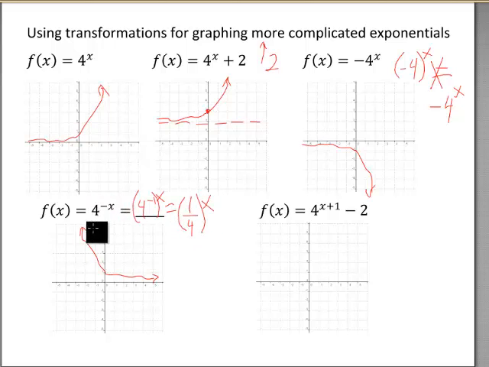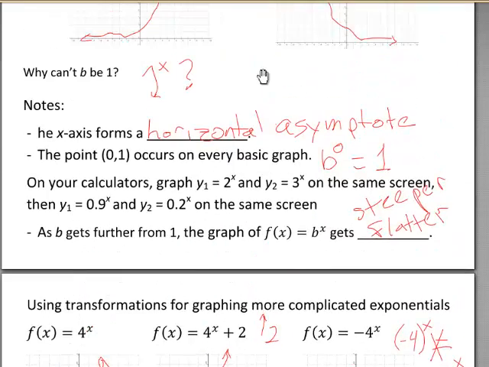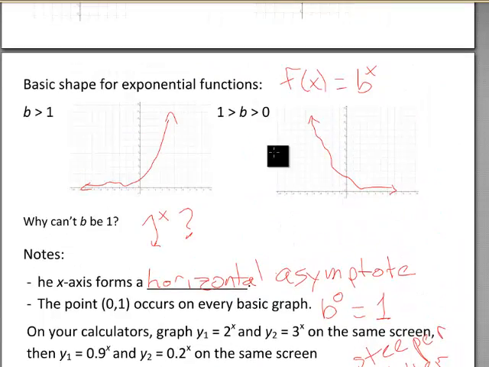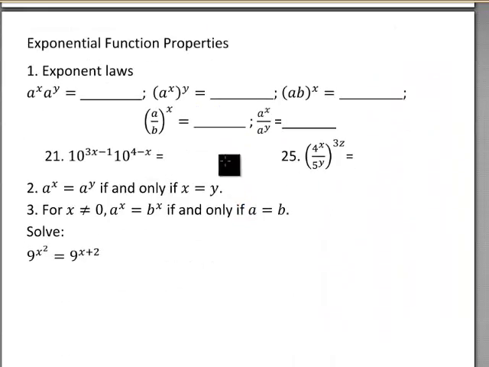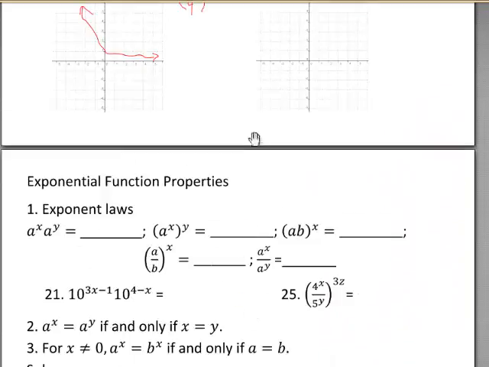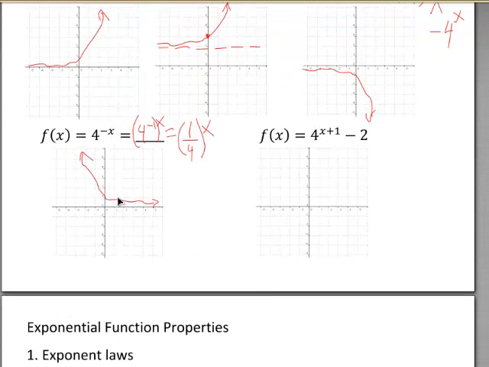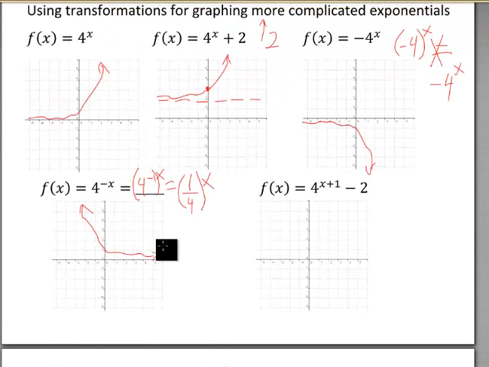So really, this graph can be written as 1/4 to the x power, changing the base, and you can see that this situation now holds. Again, I apologize, this should be a lot smoother and straighter, but we do see that it's going up and to the left. Oops, sorry, gone a little too far. Up and to the left and flattening out and getting smaller as we go to the right.